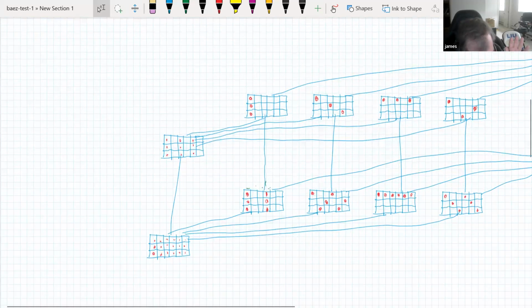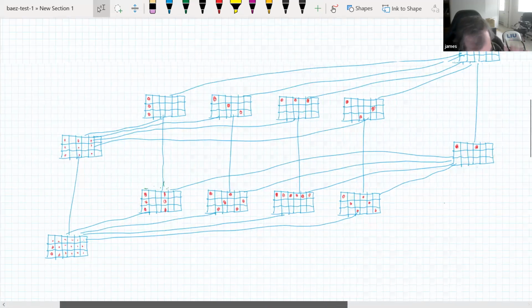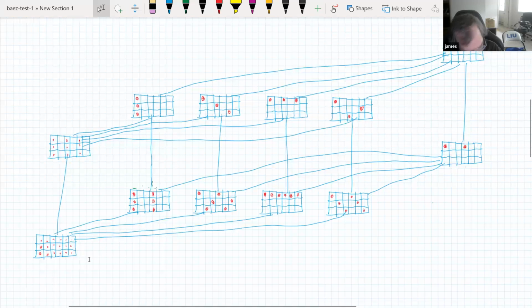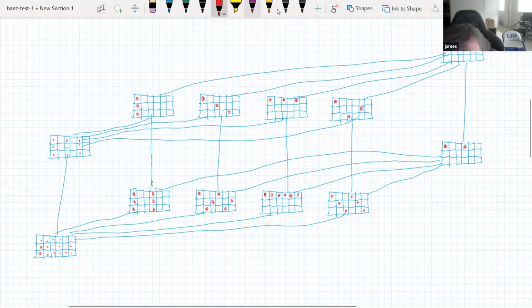How does this work? Why does it do that? Maybe I have to pick a pen here. What color should I use? Black, maybe. Where's black? Sorry, I wish I knew how to do this.